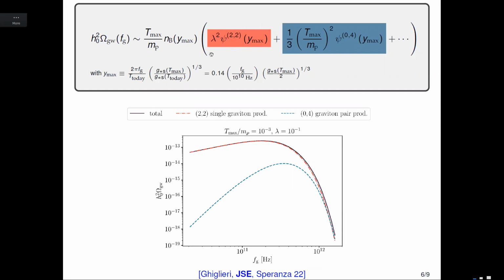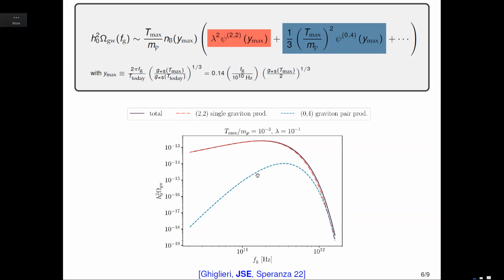However, the important part here is that this is proportional to lambda squared, and this part is proportional to Tmax over m Planck squared. So what I just said before, you can see here explicitly. For sufficiently high temperatures, graviton pair production processes dominate, and for sufficiently large lambdas or sufficiently low maximum temperatures, single graviton production processes dominate.